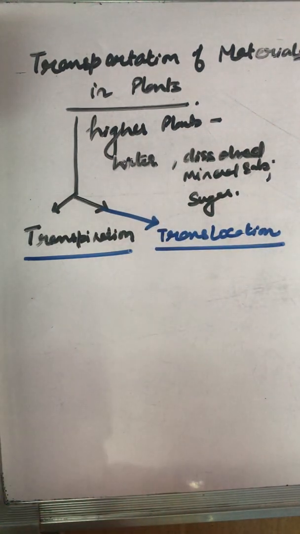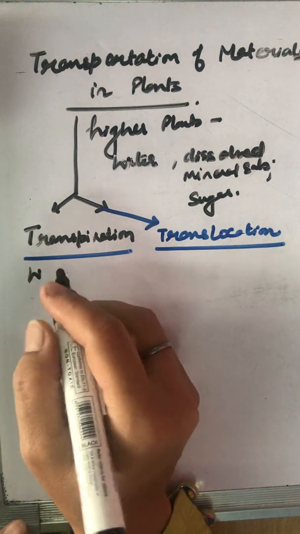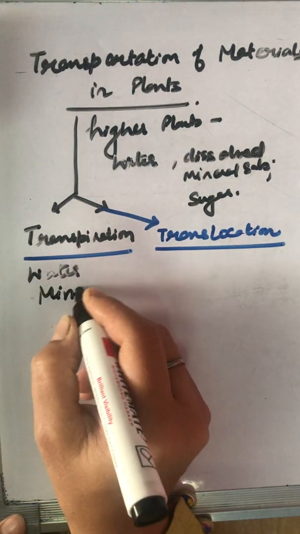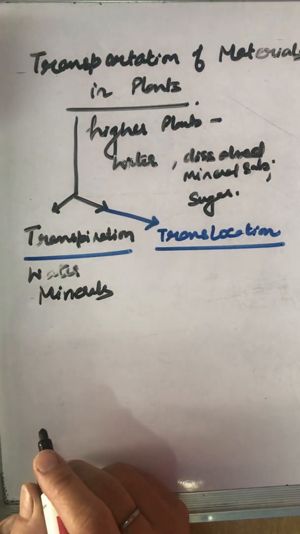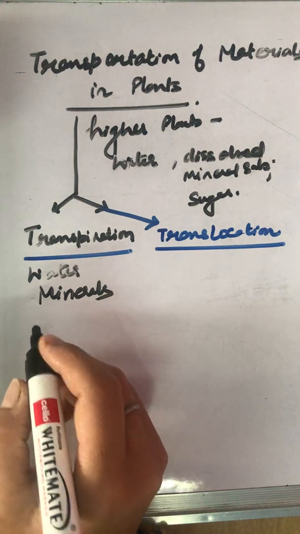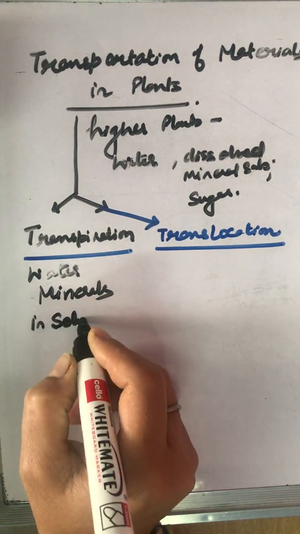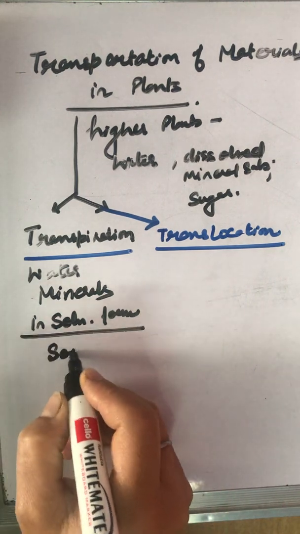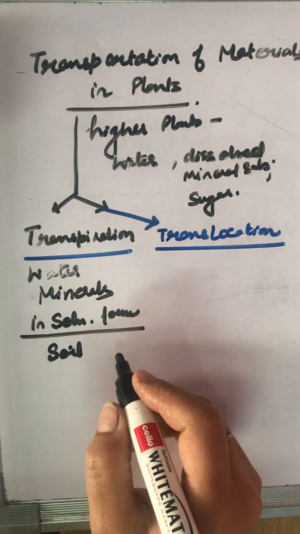Transpiration and translocation. Transpiration is mainly involved for the distribution of water as well as minerals. It means water and minerals in solution form are absorbed from the soil. Clear? How?